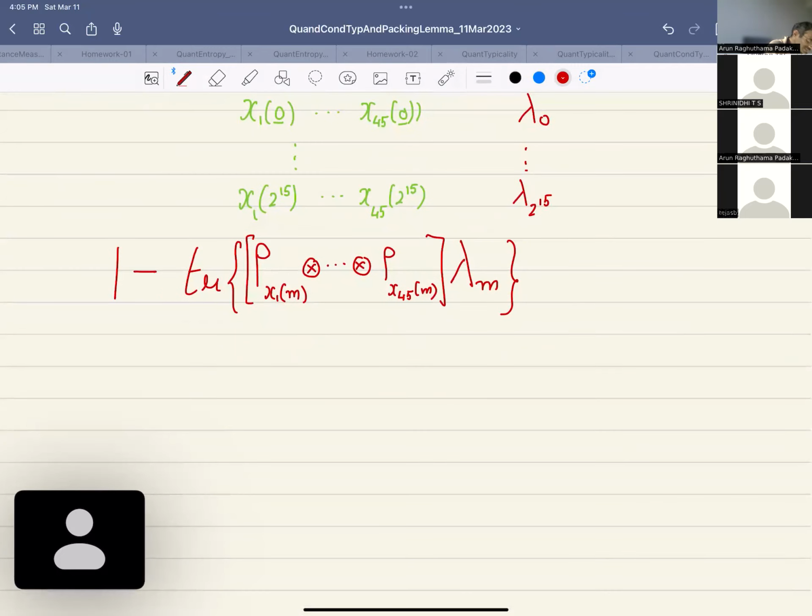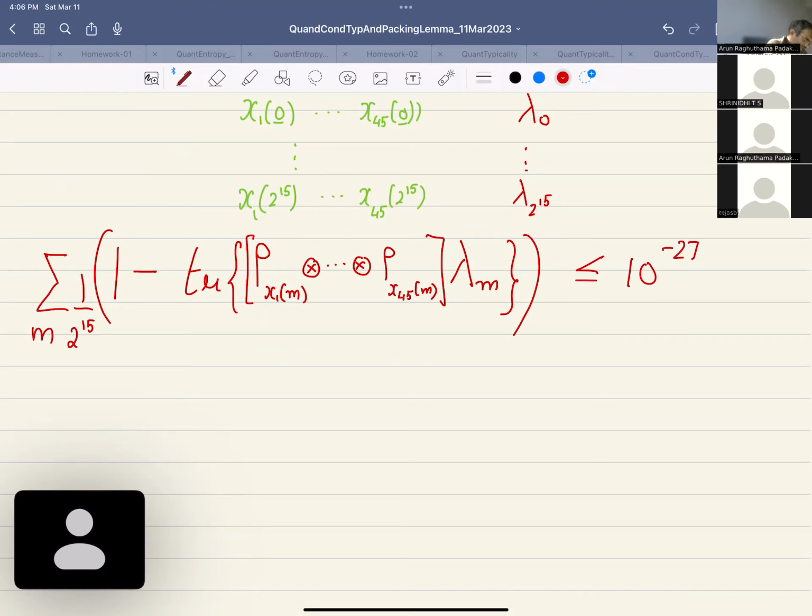If I average over all the messages m, with 1 by 2 power nR, here 1 by 2 power 15, the probability of error has to be less than 10 power minus 27. Do you understand this expression?